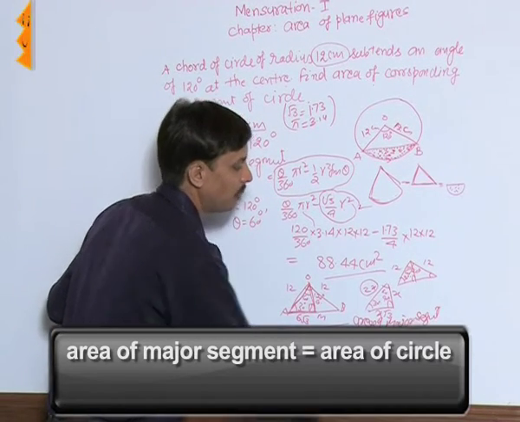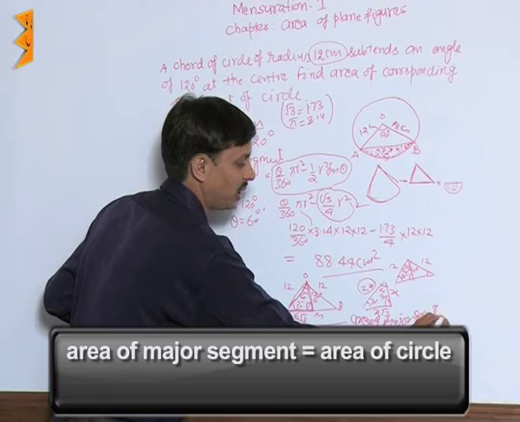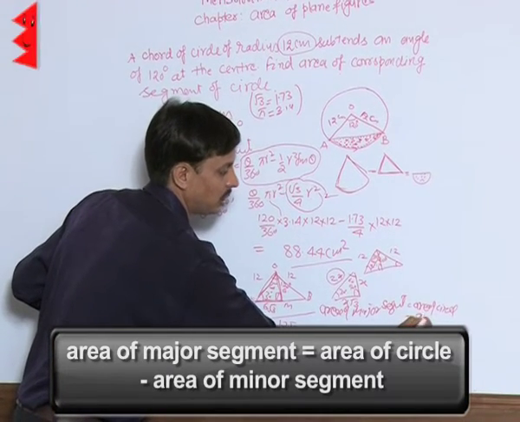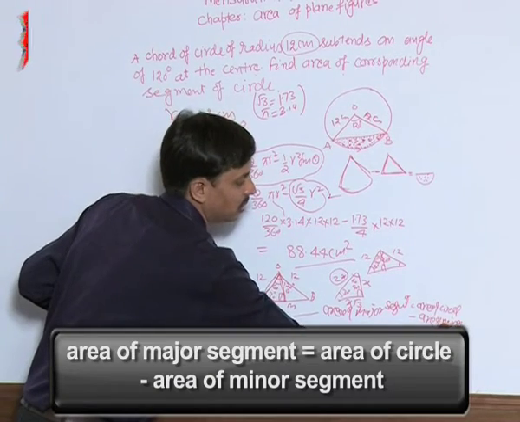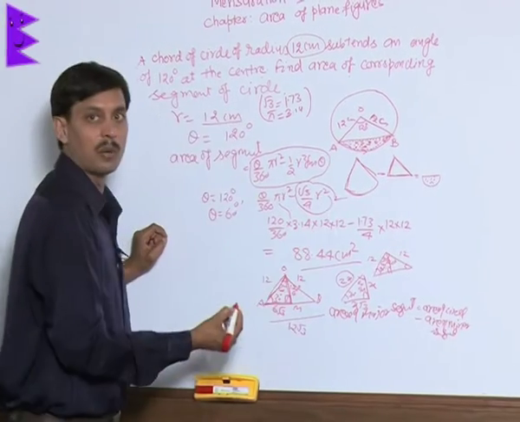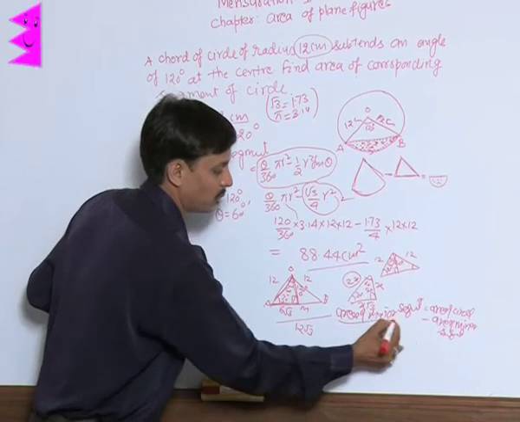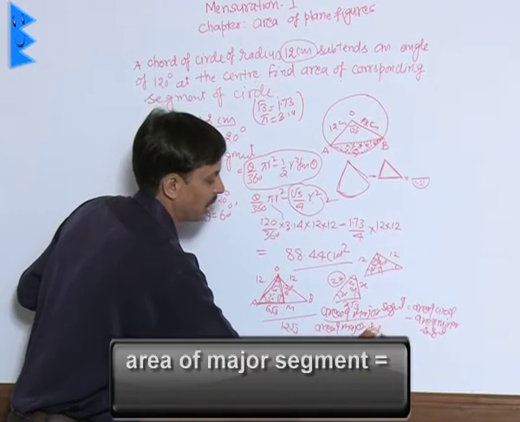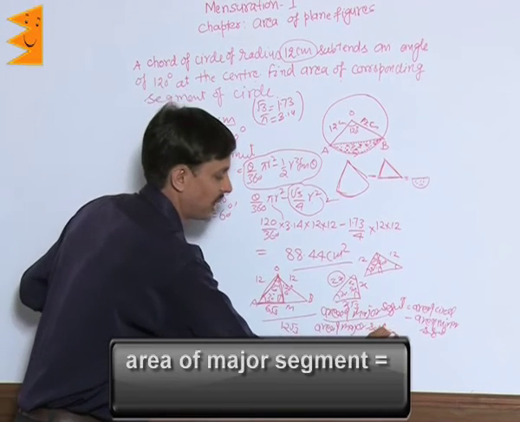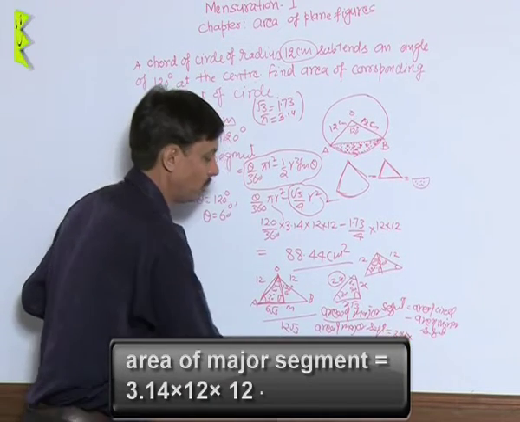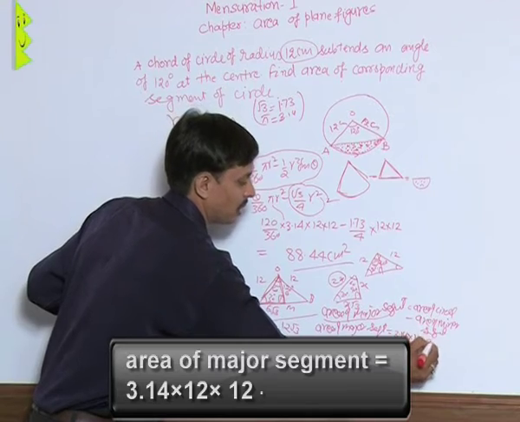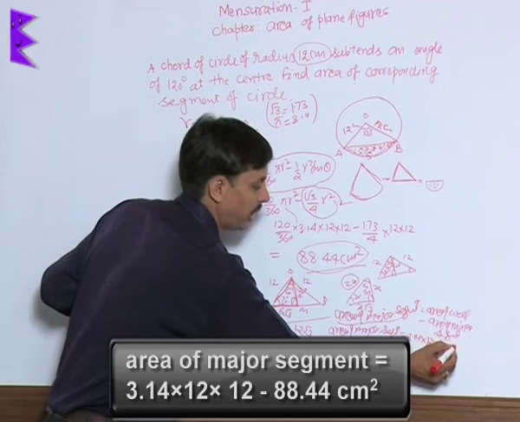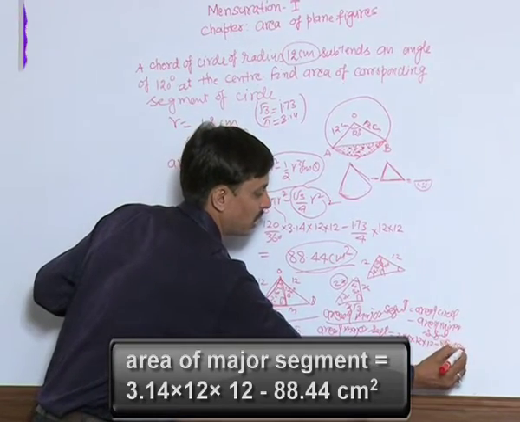The area of the major segment is equal to the area of the circle minus the area of the minor segment. So in this case, the area of the major segment is equal to the area of the circle, pi r square, 3.14 into 12 into 12, minus the area of the minor segment, which was calculated as 88.44 centimeter square.